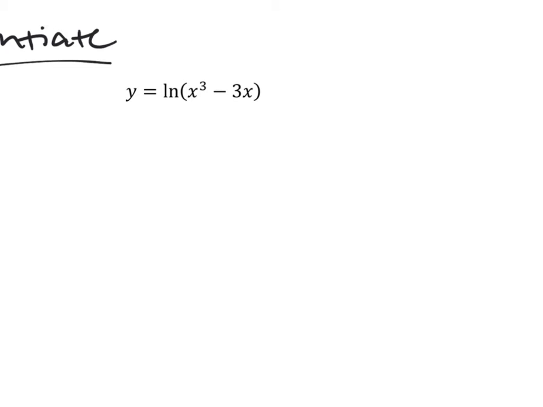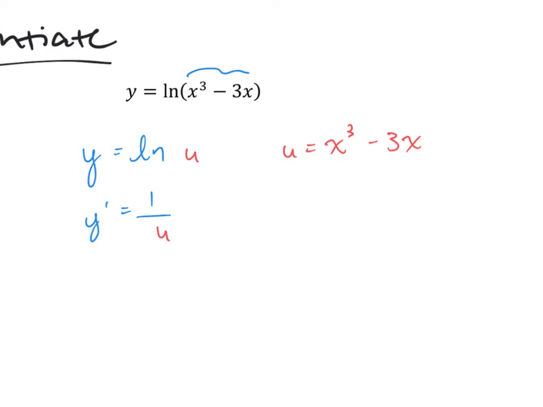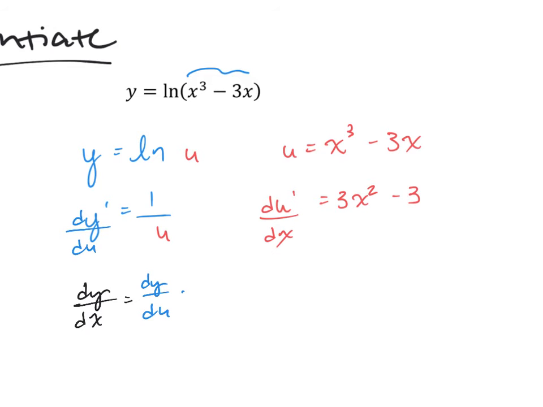This is definitely a chain rule where this is the inside function. So we're going to rewrite this as y equals the natural log of u, and u is x cubed minus 3x. Y prime is 1 over u. u prime is 3x squared minus 3. And then, I suppose I should have done dy du and du dx. dy dx is going to be equal to dy du times du dx.